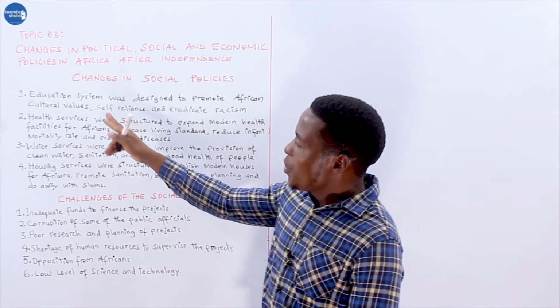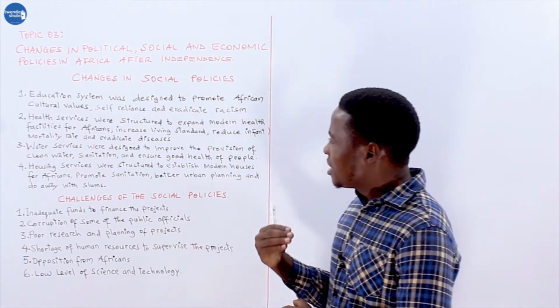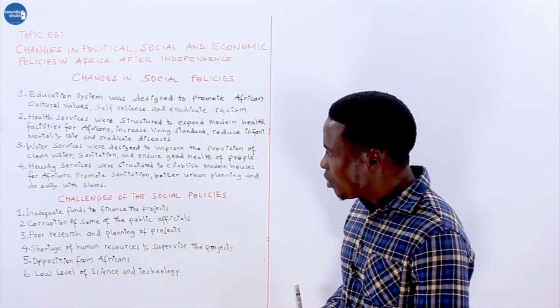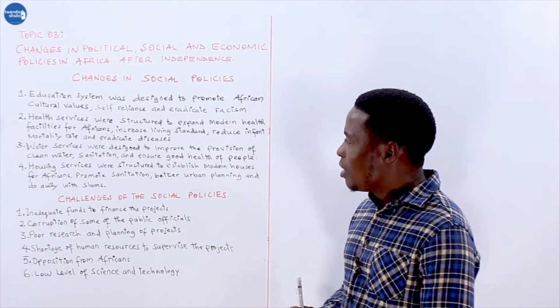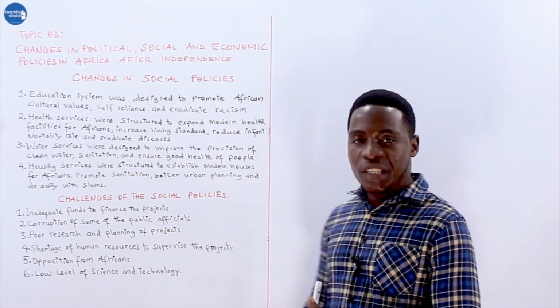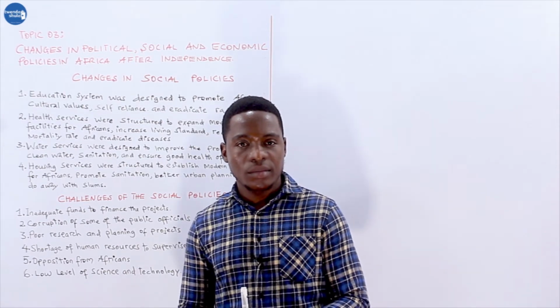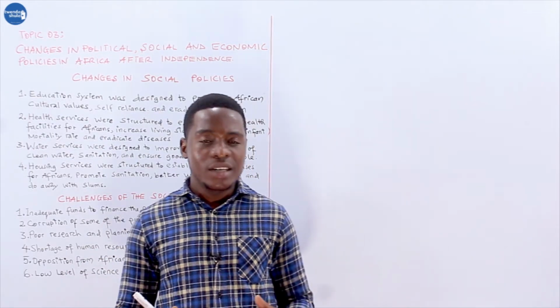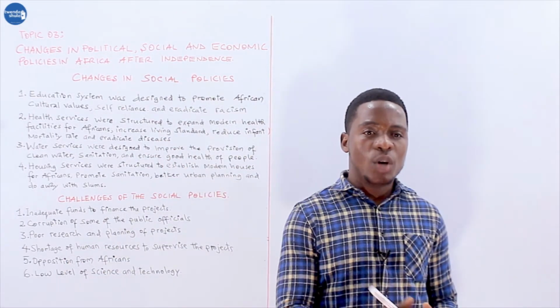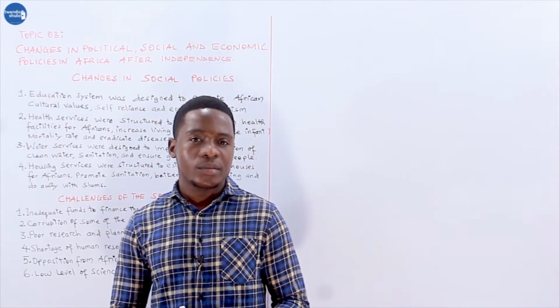First, the education system was designed to promote African cultural values, to promote self-reliance, and to eradicate racism. So first of all, we were to restructure our education from the colonial system to an African system.